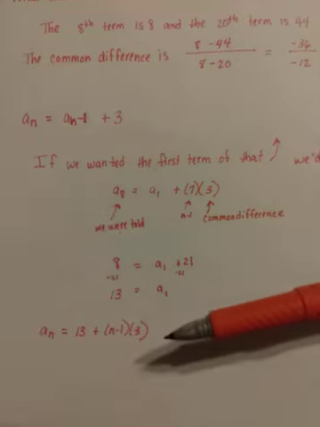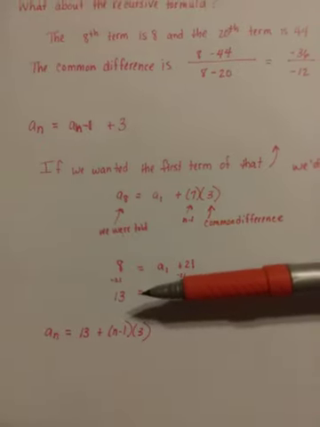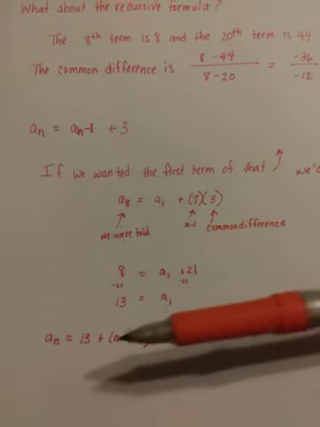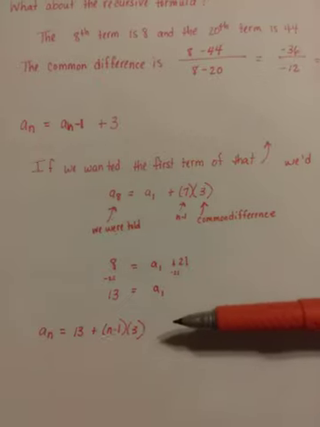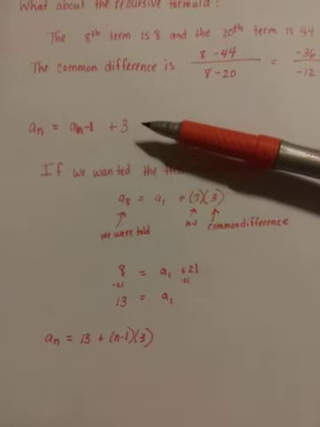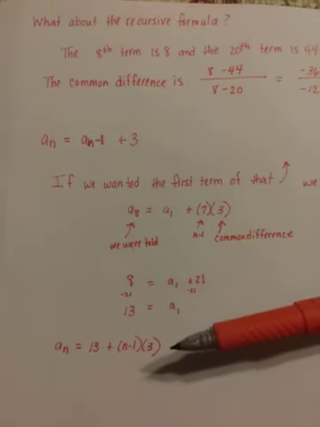So if I prefer this version of the formula to the recursive version, and a lot of people do, then you would put the first term, which we calculated to be 13, plus n minus 1 times the common difference. So this is the other version of the formula. Here's what it is with the recursive version. You can see that this one is more useful because we can go straight to the nth term.